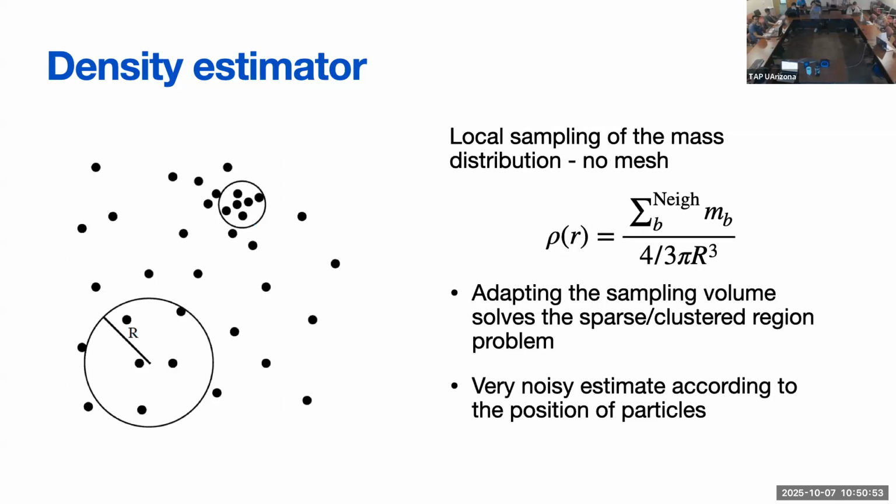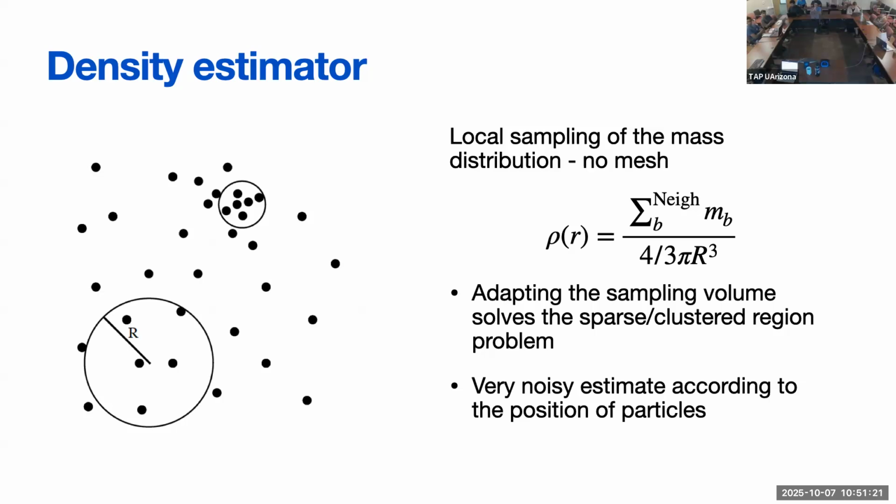A second method, which is a step forward towards a Lagrangian method, is to locally sample the density by building a sphere centered either on particles or on a given point in our domain. The radius of this sphere can be adapted, for example, to the local density.